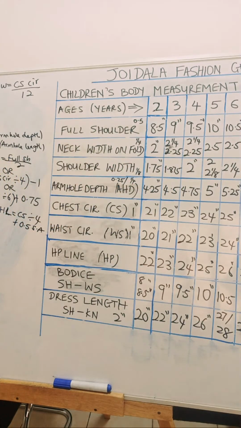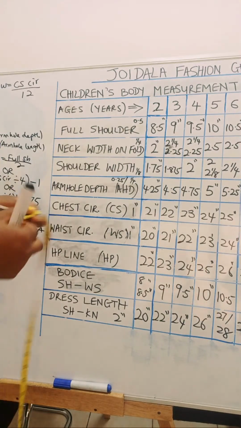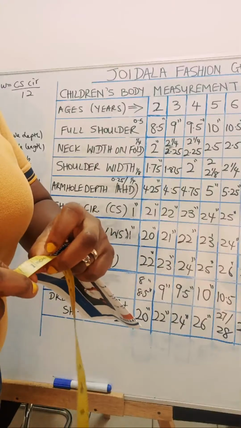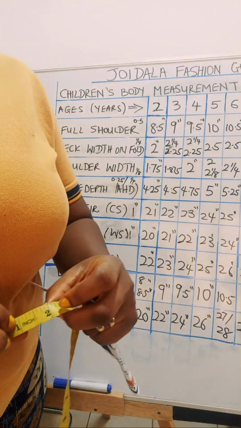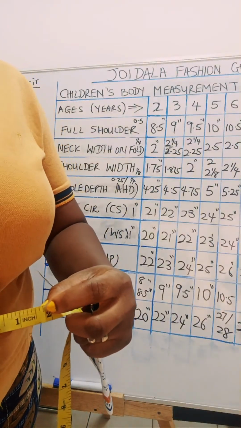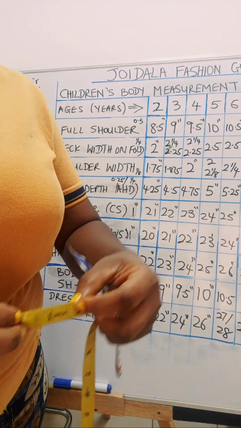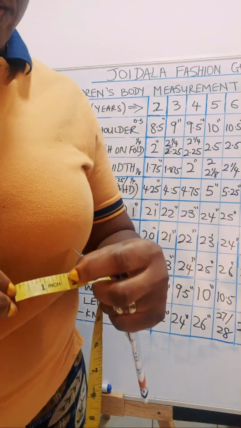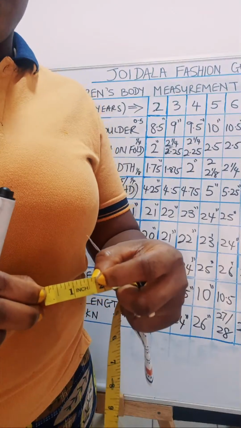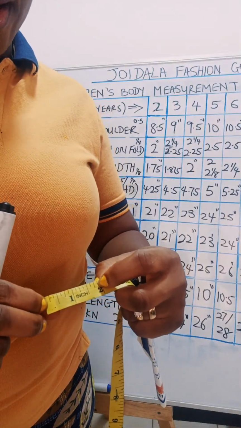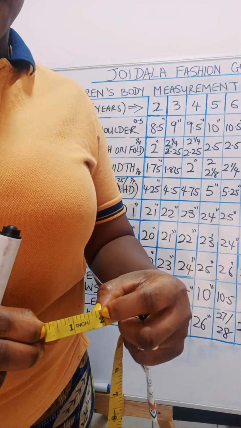I hope we know how to read our tape. This is 1.7. This is 1.75. For a 2 years old child, you use 1.75. For a 3 years old, you just increase it by 1/8 and just go to the next.